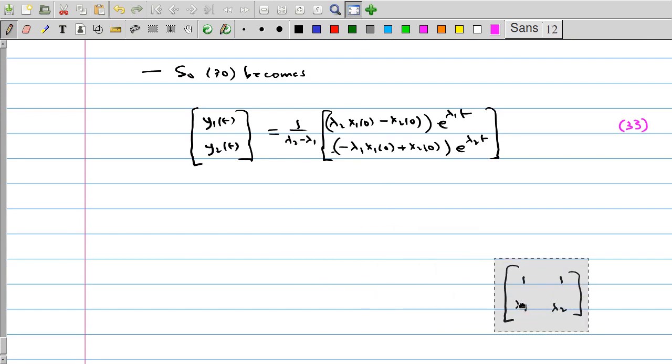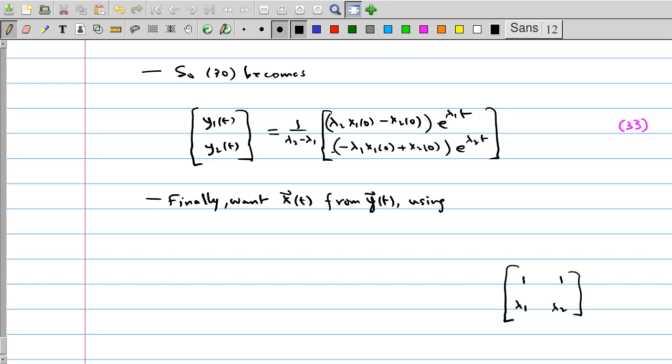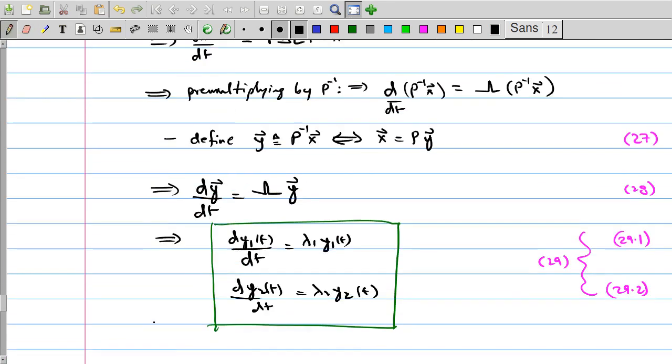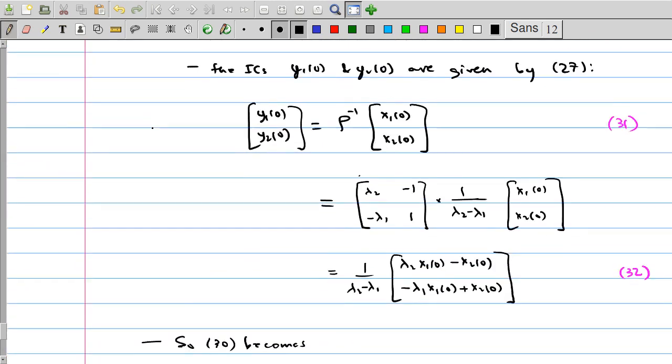Finally we want to express x of t from y of t using, I think it was 27 if I'm not mistaken. 27 indeed.